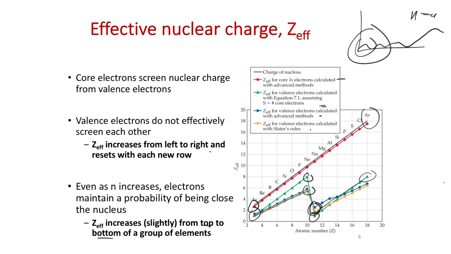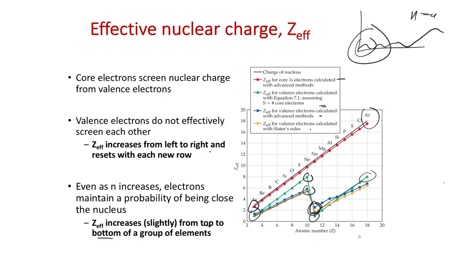So as you grow further from the nucleus, there's still a growing probability that the electron is actually relatively close to the nucleus. So even your large orbitals are still finding ways to pack those electrons relatively close to the nucleus. And so that's allowing those electrons to experience a slightly greater than average charge as you go from top to bottom.